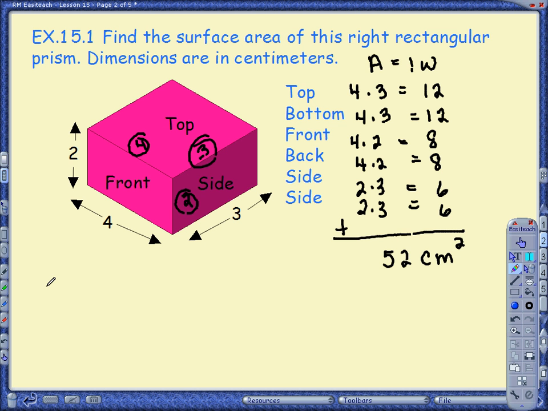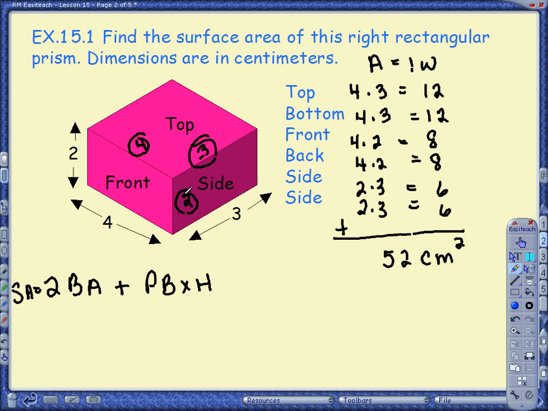Now in this lesson we're going to use a new surface area formula, and it's going to be surface area equals 2 base areas plus the perimeter of the base times the height. When we use this formula, it's always good to darken in what you're going to use.